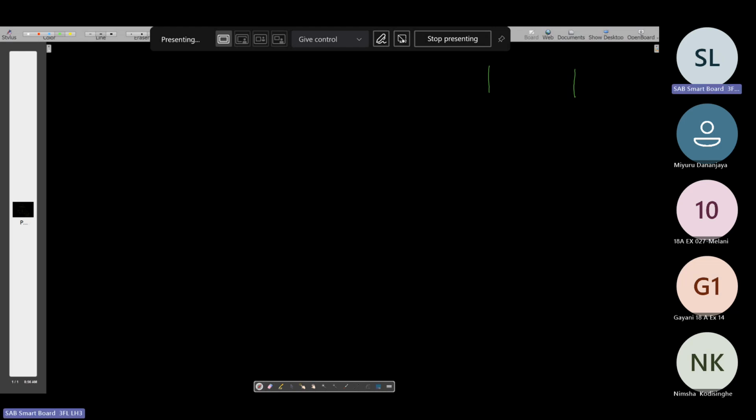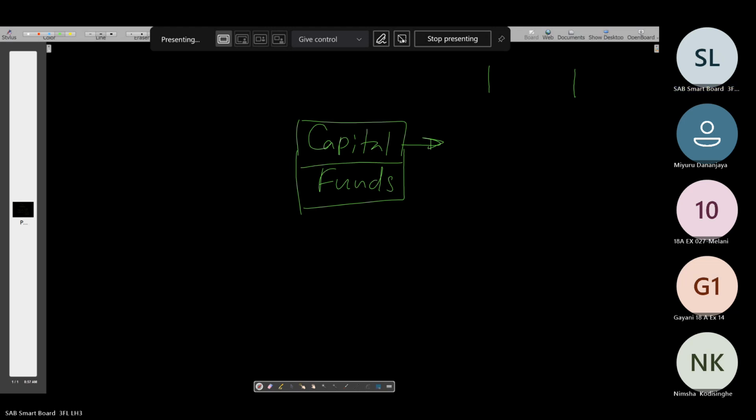Now, when we consider the concept of capital, capital means funds available in the company. Capital can be classified as share capital and loan capital.